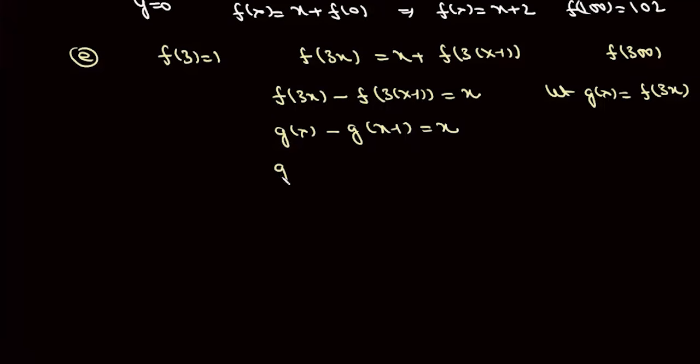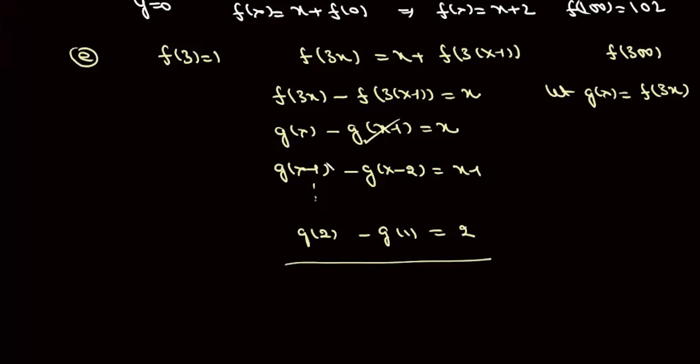Now we can write g(x - 1) - g(x - 2) = x - 1, and I'll continue. And in the end, we'll have g(2) - g(1) equal to 2.